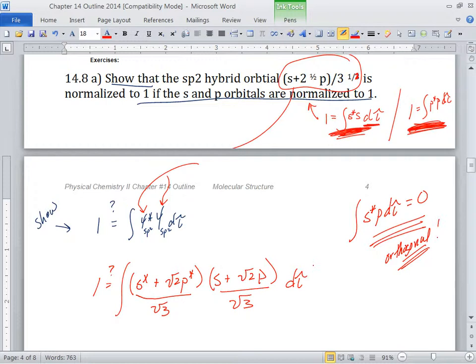So I'd pull that 1/3 out of there. Definitely pull that out of there. Get all the S star S's and P star P's, set all those integrals equal to 1. Don't forget about your square root of 2 parts.